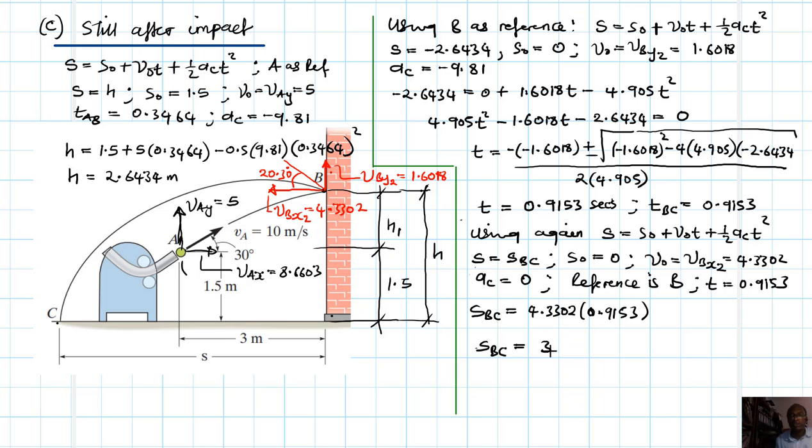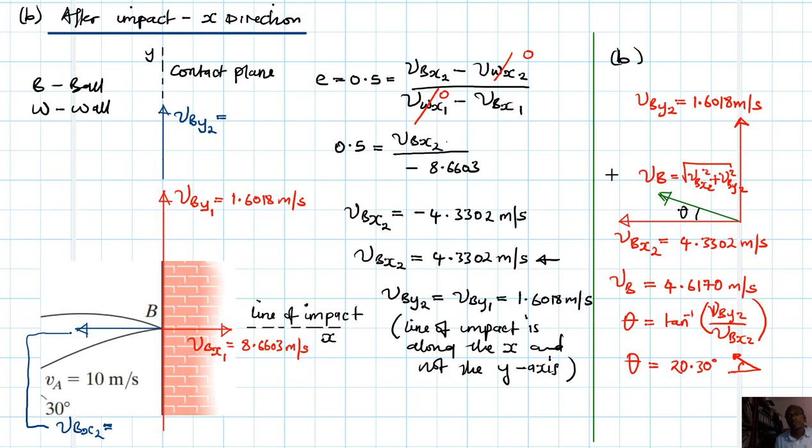This we get 3.9634 meters. I think this is about it. We found the distance itself. We found the distance in the previous case. We found this part here. This is the whole solution. This is the solution for the other part.